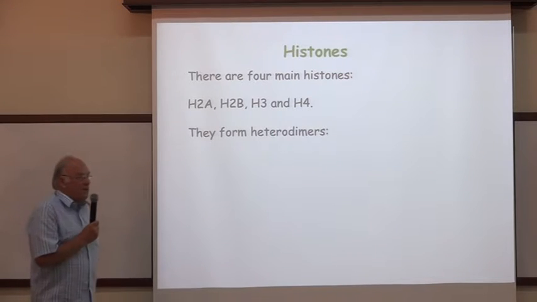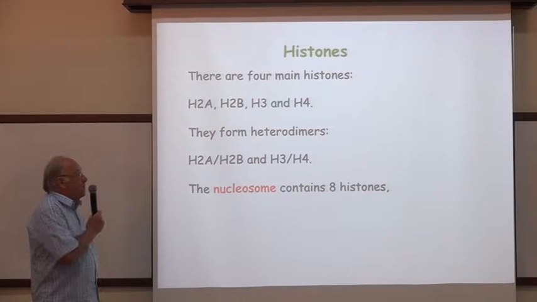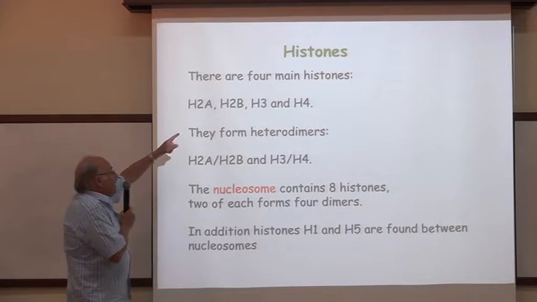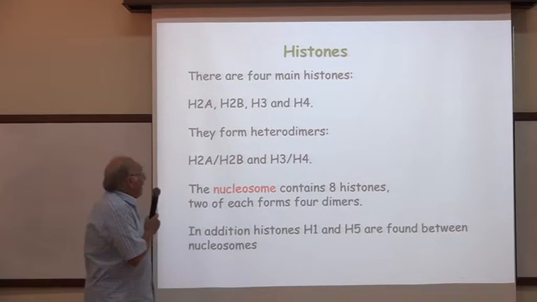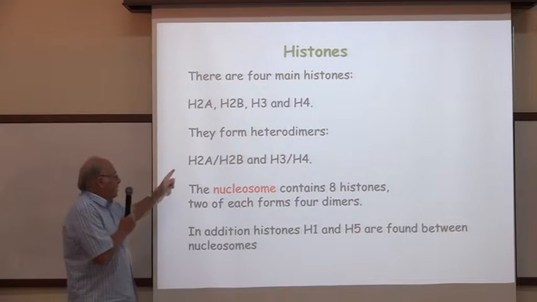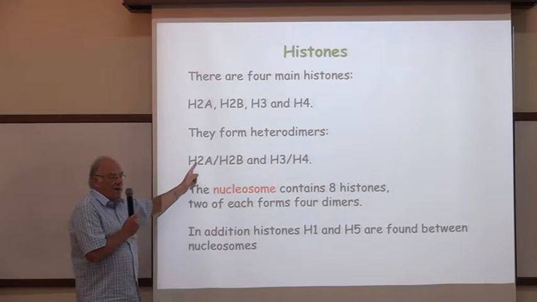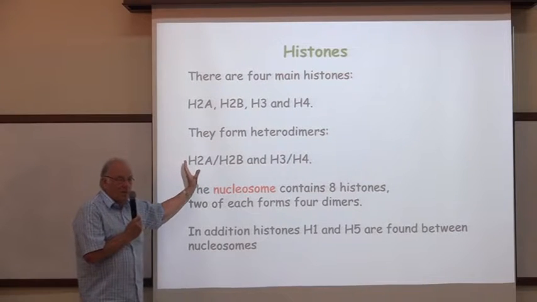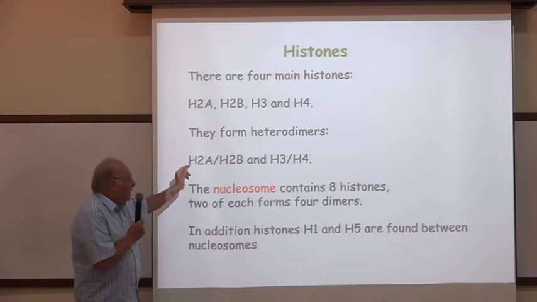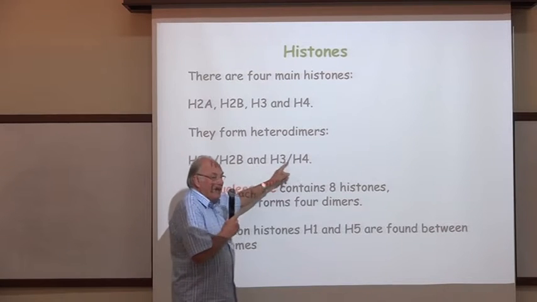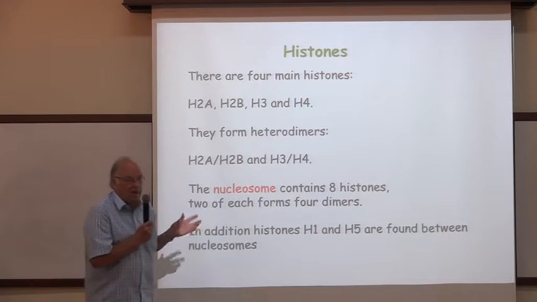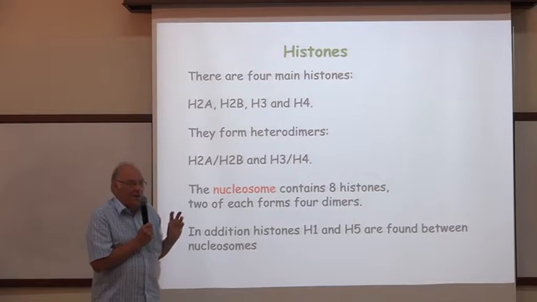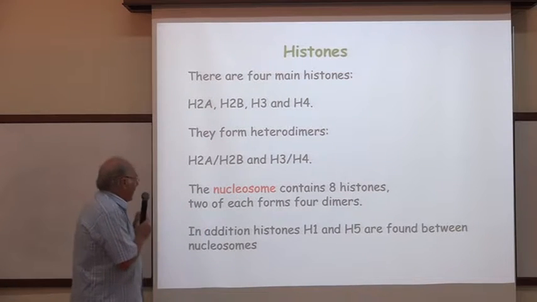So the histones, there are 4 main types of histones: H2A, H2B, H3, and H4. They form heterodimers. So H2A and H2B, they form dimers, heterodimers. And then H3 and H4, they also form dimers, but these H3, H4, they then aggregate into tetramers.